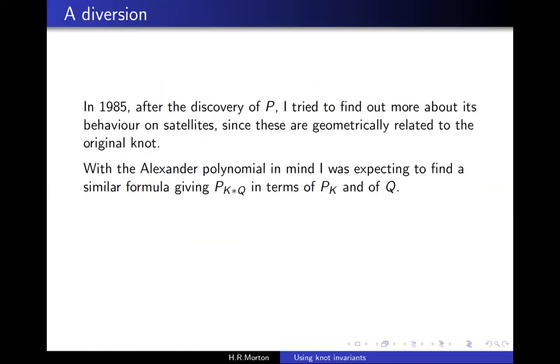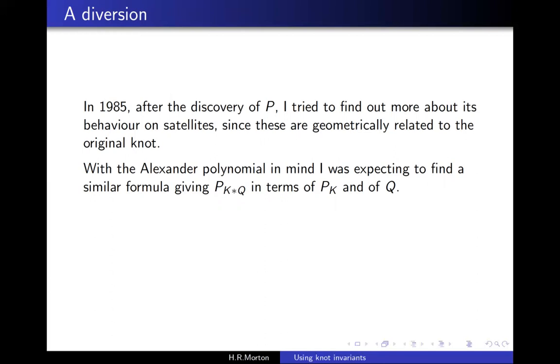So if I might make a historical diversion at this point, 1984, end of 1984, these turned up, and 1985, after this P had been discovered, it was in principle a relatively good invariant. You had ways of calculating it. But the interest needed to be looked at. How did it work geometrically?